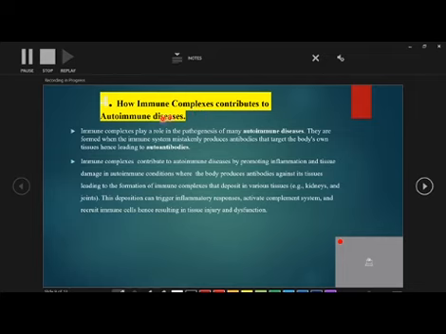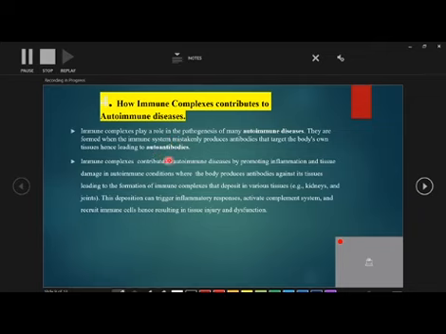which is explaining how immune complexes contribute to autoimmune diseases. Autoimmune diseases are diseases that arise when our immune system mistakenly produces antibodies that target the body's own tissues.